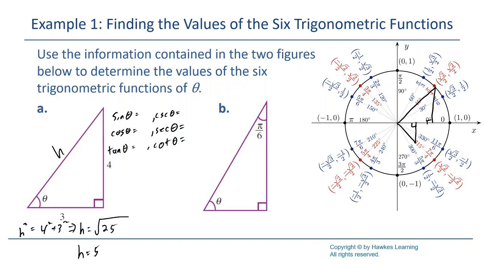Your hypotenuse needs to come out positive. Sometimes the Pythagorean theorem is referred to as the Euclidean distance formula, and so it's measuring the distance from this point to this point.